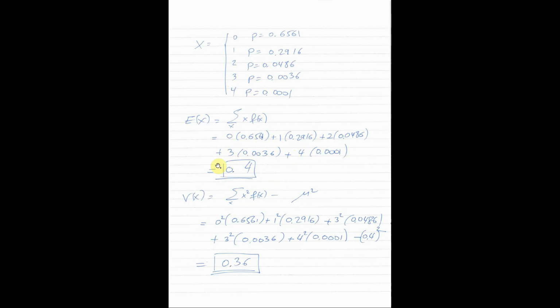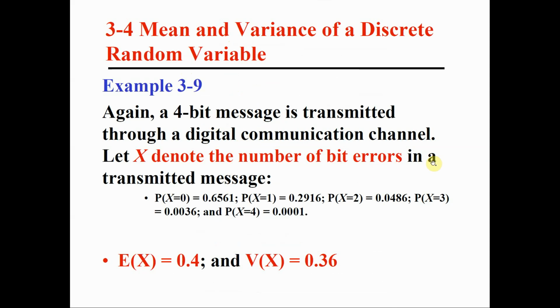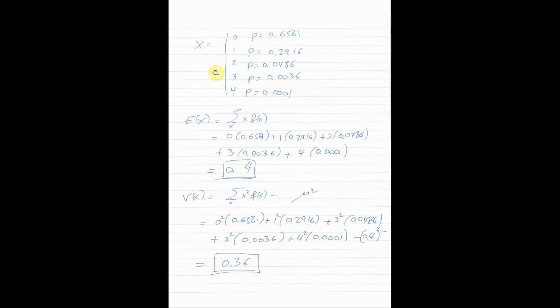So what is this 0.4? It's the mean value of our random variable. Yes, our random variable, which meant the number of errors in a communication message, is either 0 or 1 or 2 or 3 or 4, but on average, it has a value of 0.4.